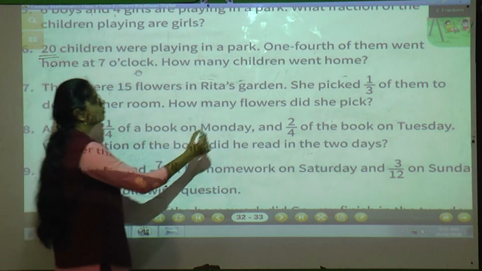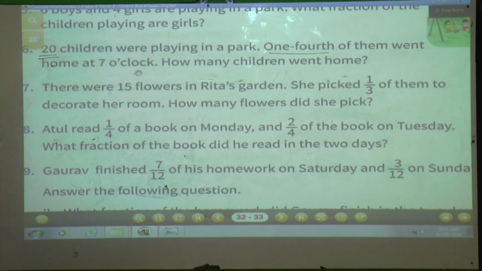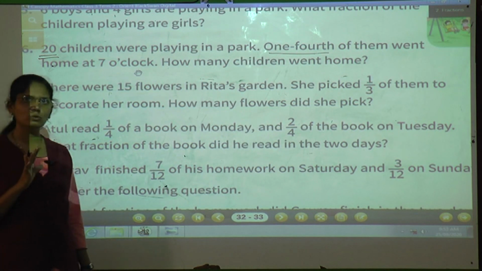Total 20 children are there. Out of that 20, 1/4 children went home. How many children went home? Means we have to find out the number of children who went home.